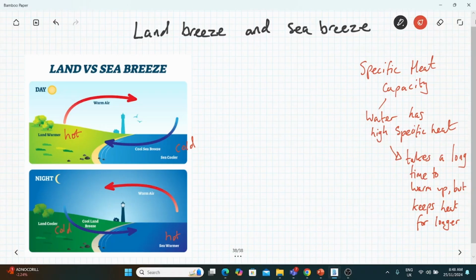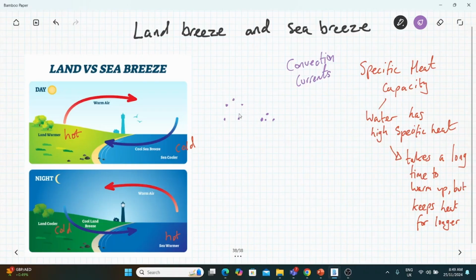The other part that you need to know is about convection currents. With convection currents, basically, you got an area of warm air, and as it gets warm, it becomes less dense because the particles spread out. And then as it cools down, it becomes more dense. So with convection currents, what happens is air particles, when they're given lots and lots of heat, end up spreading out like so.